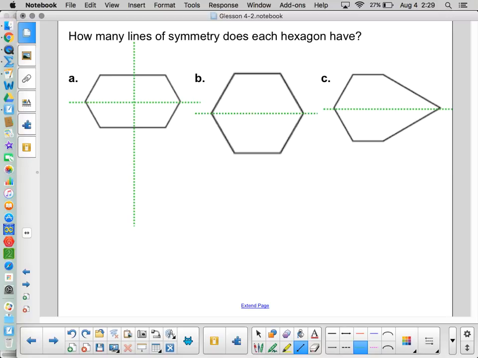I've got this one, this one, this one, this one, if I slide over just a little bit, this one, and this one. I actually have 6 lines of symmetry for B because it's a regular polygon, meaning all the sides are the same, all the angles are the same, so the number of lines of symmetry is the same as the number of sides.